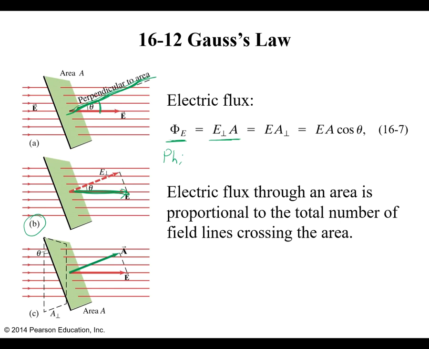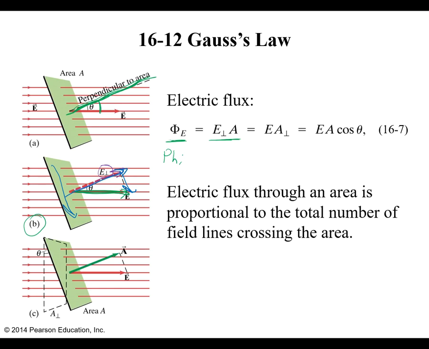So you end up with a part of the electric field that is perpendicular to the surface area A, and a component of the electric field that is parallel to the surface A. So you have your surface area that goes this way. This parallel component goes in the same direction. We don't care about that parallel component because with electric flux we're talking about how much electric field passes through the surface. So we want the perpendicular component.